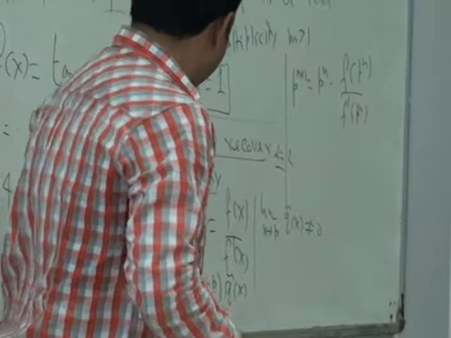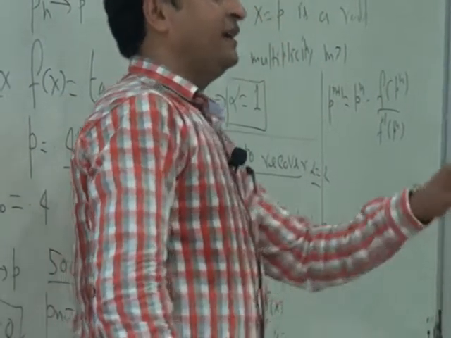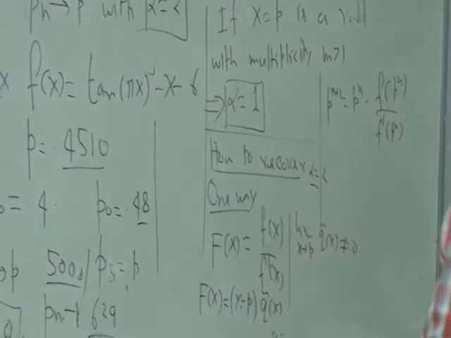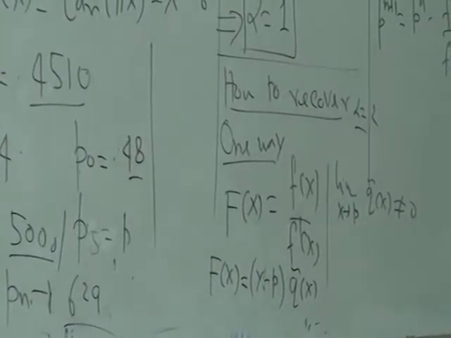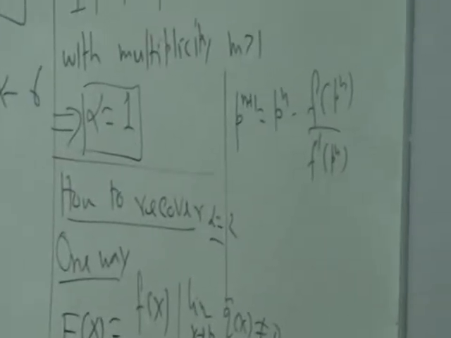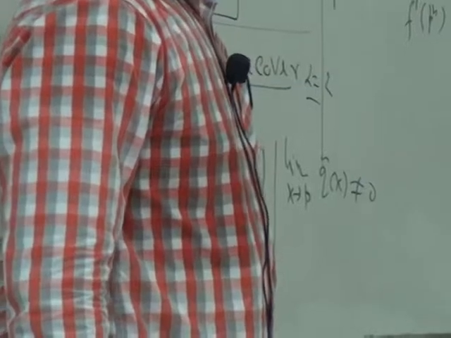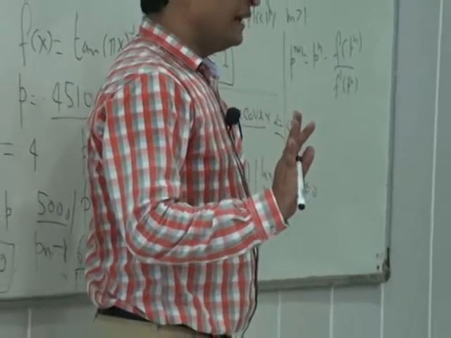So for this capital F, x equal to p is a root of multiplicity 1 only, or we can say a simple root. Multiplicity is now 1. It is no more 2, correct?